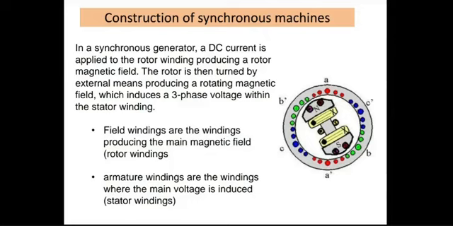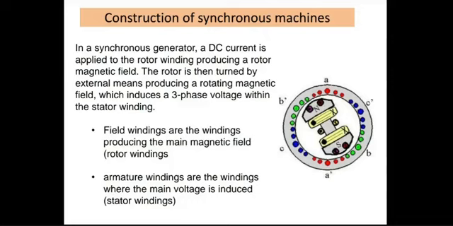Typically, we have rotating poles and stationary armature. Because large power is being generated from the armature, it's easier to connect to a stationary large power entity than to a rotating large power entity.